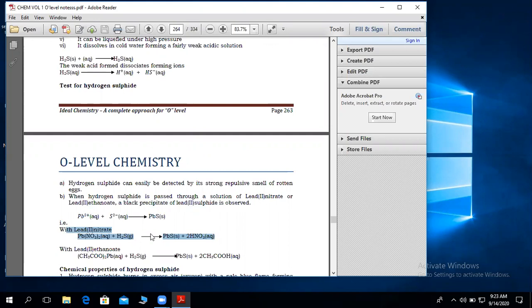So when hydrogen sulfide gas is bubbled through a solution of lead II nitrate, we get a black precipitate.